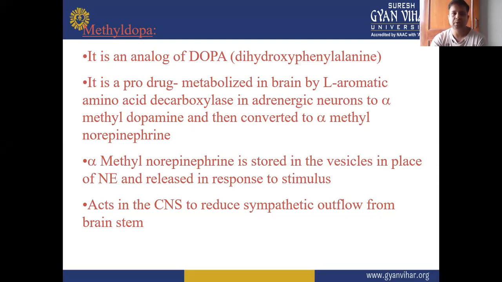It is a prodrug metabolized in the brain by L-aromatic amino acid decarboxylase in the adrenergic neuron to alpha methyldopamine and then converted to alpha methylnorepinephrine. Alpha methylnorepinephrine is stored in the vesicles in place of norepinephrine and released in response to stimulus.